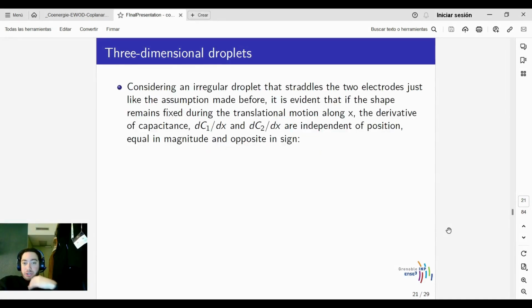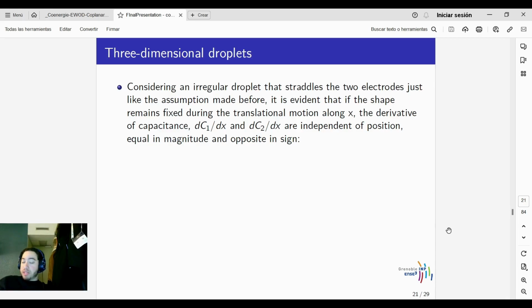As I just mentioned, we will consider an irregular droplet standing between two electrodes separated by the gap. We make the same assumption that we made before, that the shape will remain fixed during the translational motion in the x direction.